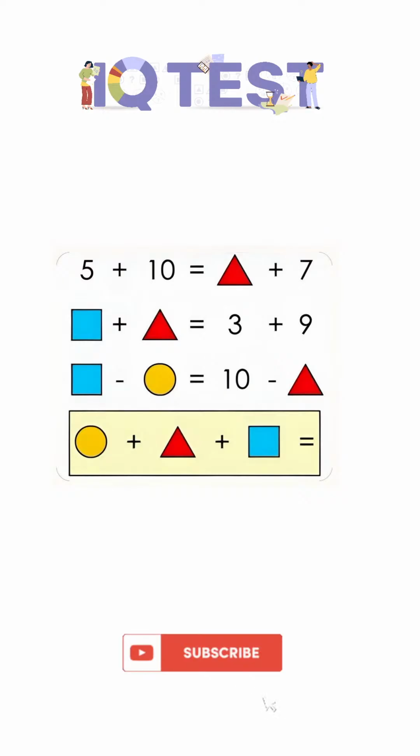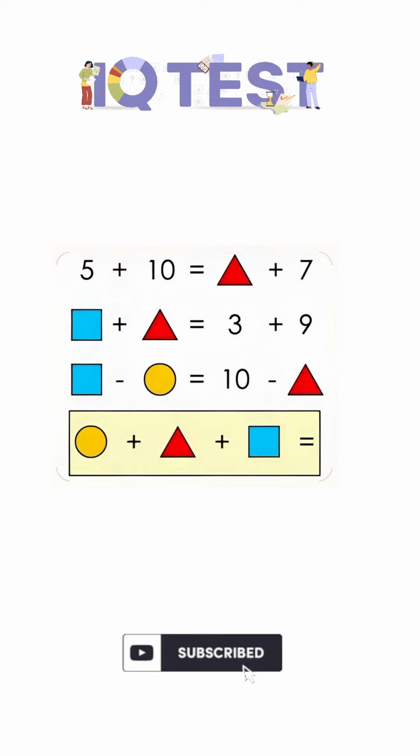So the red triangle over here is 8. Okay. So when the red triangle is 8, what are we getting for the blue square? All right, I am getting 4 for the blue square.